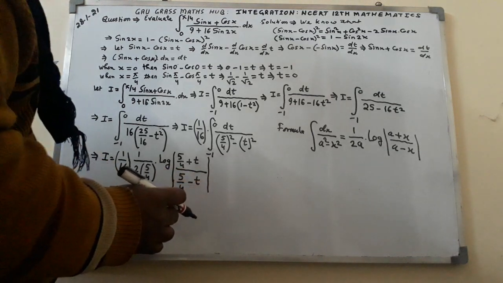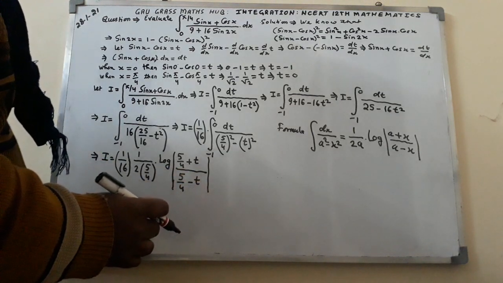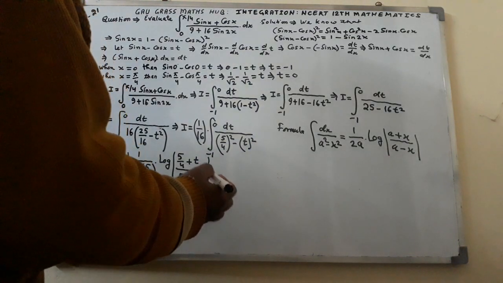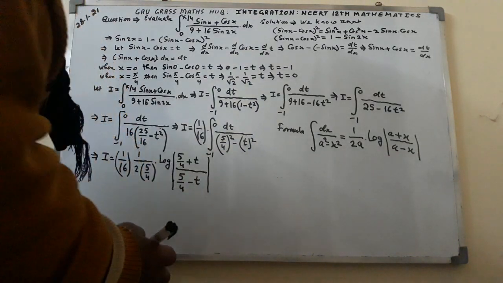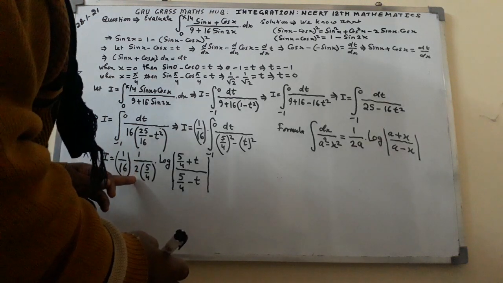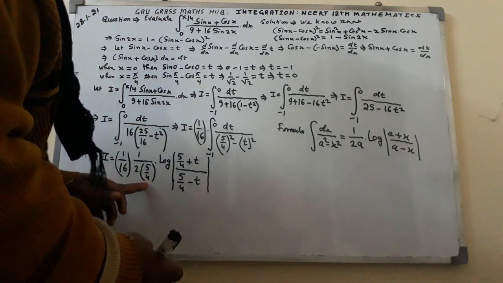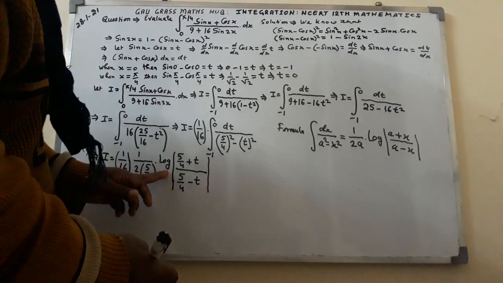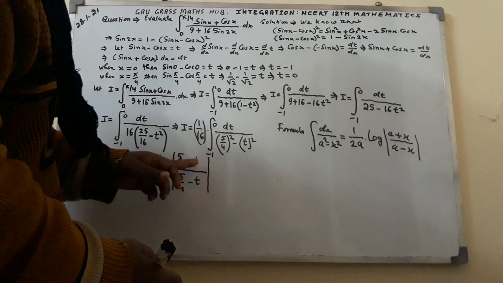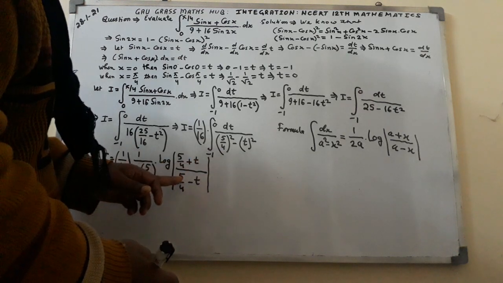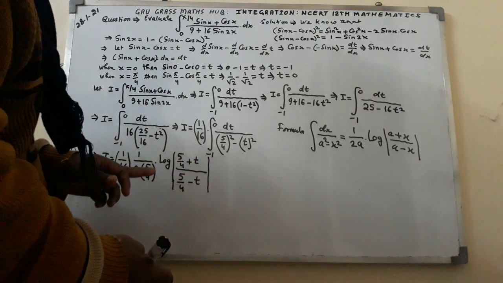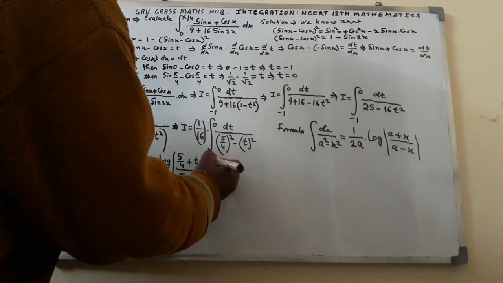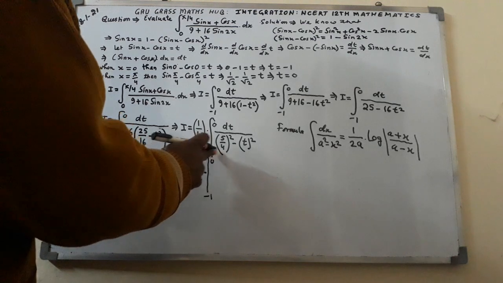This thing will be written. And what to do next? Next, in the formula you have read 1 over 2a, in place of a we shall write 5 over 4, dot log mod (a plus x) over (a minus x), and value of lower limit minus 1, upper limit 0.